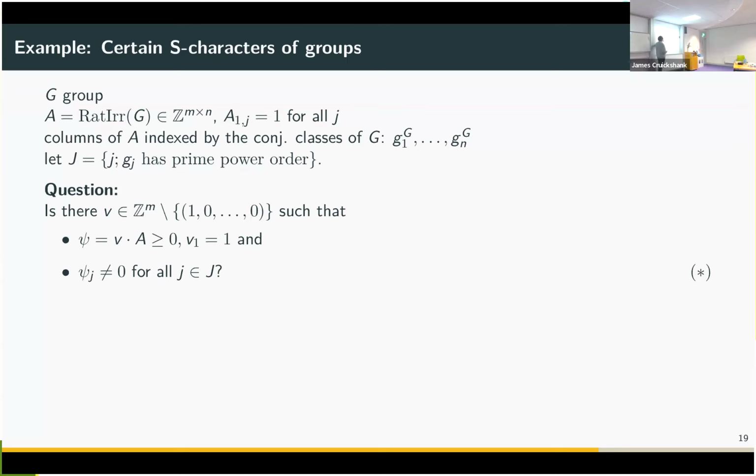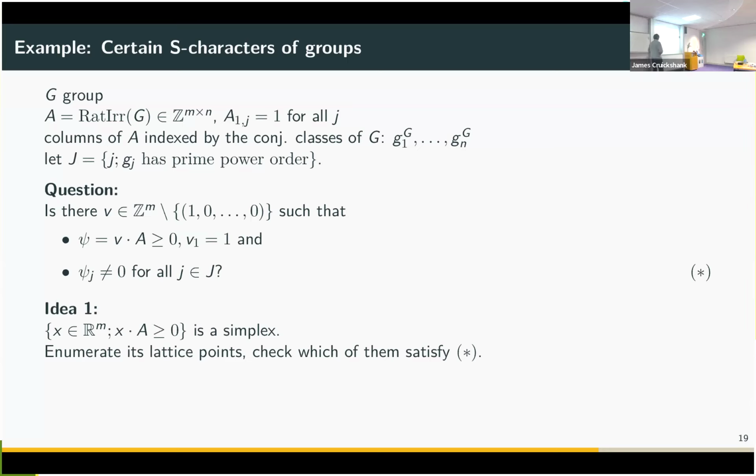The first entry should be 1, and the next important condition is that the values of the linear combination should be non-zero for all positions in the subset corresponding to the prime power order. So this is the game which we have to come up with. So is there such a vector?